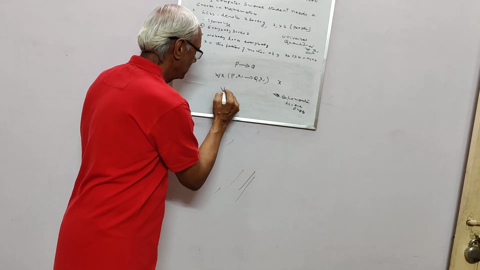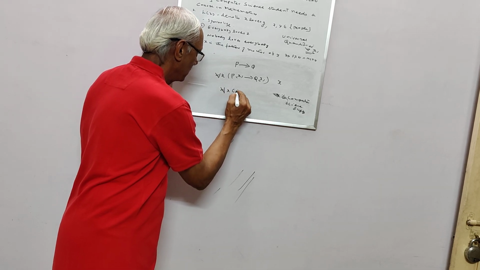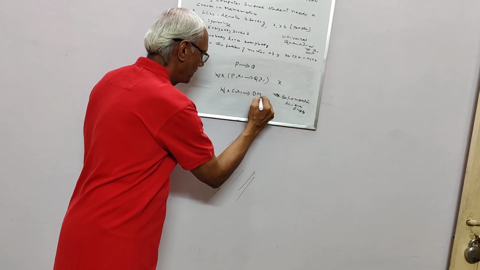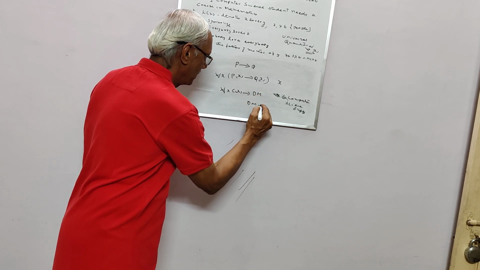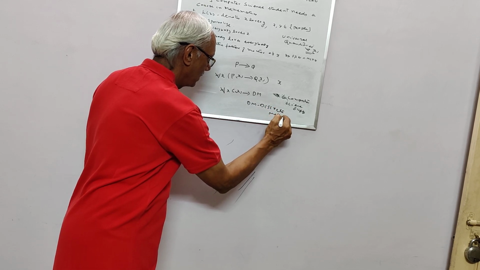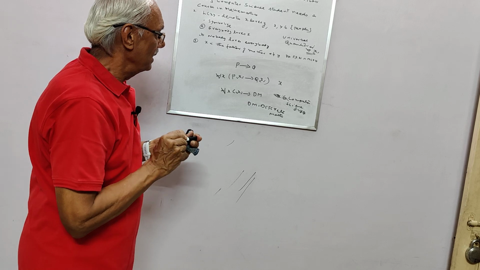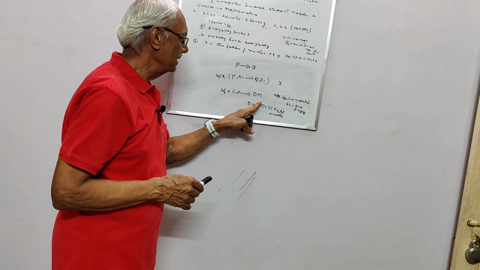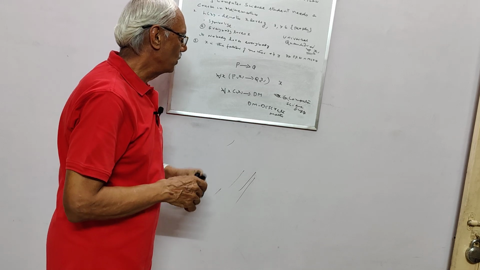For all x, see I write here, for all x, C of x implies discrete mathematics. That means what?